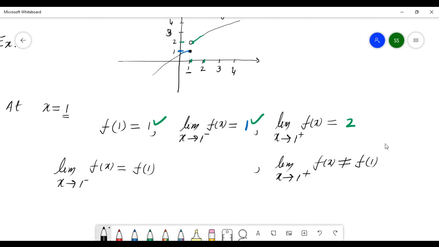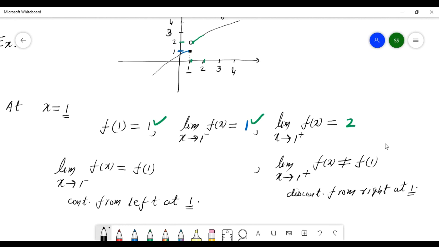So this function is continuous from the left at this number 1. And this is continuous from the right at 1.